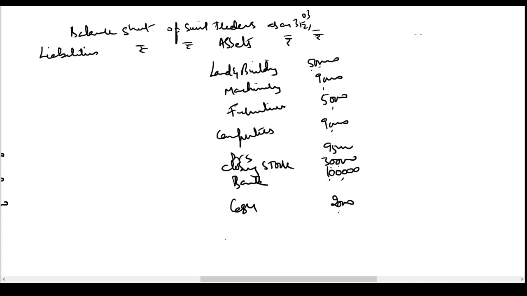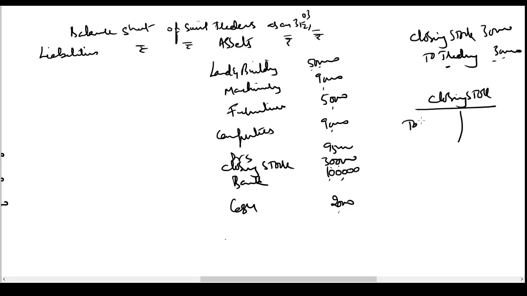From where is this coming? We passed an entry: closing stock account debit to trading account 3 lakh rupees. Trading account was credited. If you open the closing stock ledger, it will show a debit to trading account 3 lakh. So this account is showing a debit balance. It is not yet closed, so it will be shown in the balance sheet asset side.